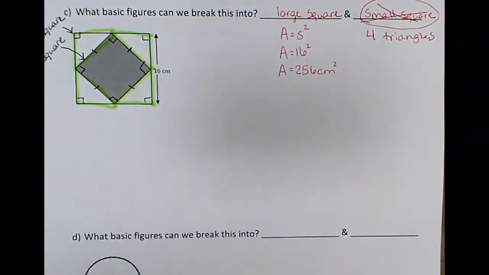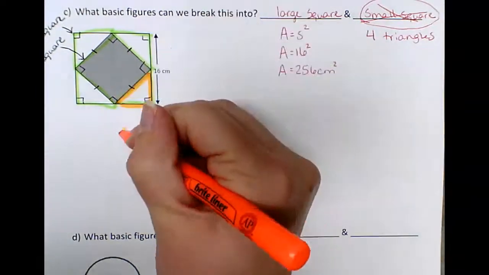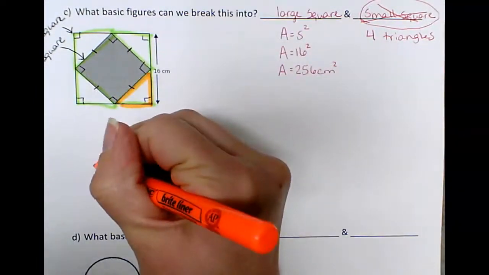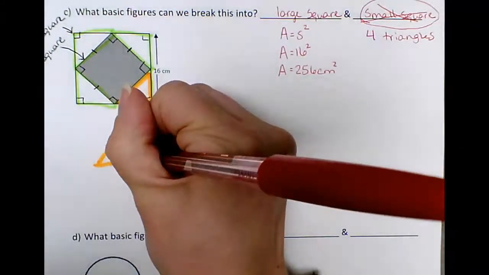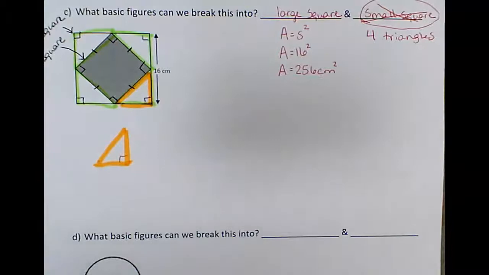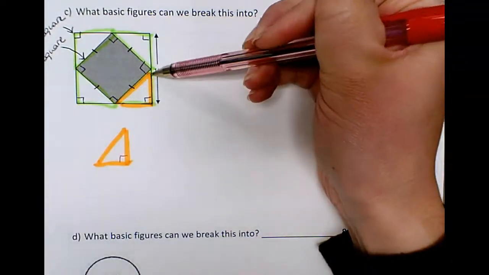Measured in centimeters squared, of course. Now, let's talk about these small triangles. Because the small triangles, there are 4 of them, and each of them has a right angle. So we've got a right angle there. And then we know that if this whole side is 16 centimeters, then half of it is 8.